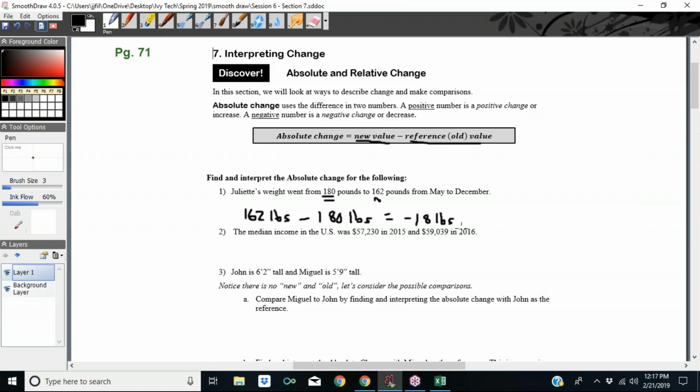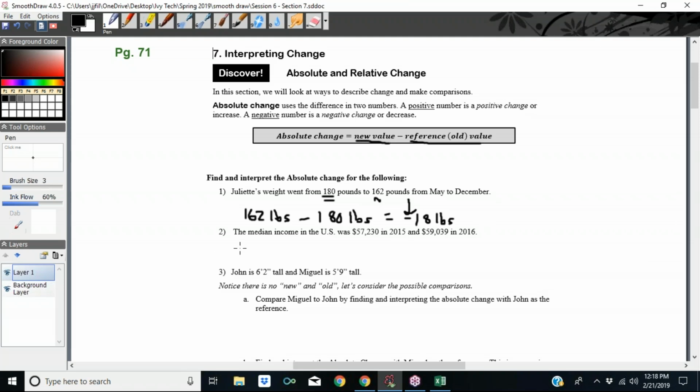And so the interpretation of that would be that Juliet lost 18 pounds. So we wouldn't say she lost negative 18 pounds. We would just say she lost 18 pounds. So lost is another way of interpreting that negative or minus sign.